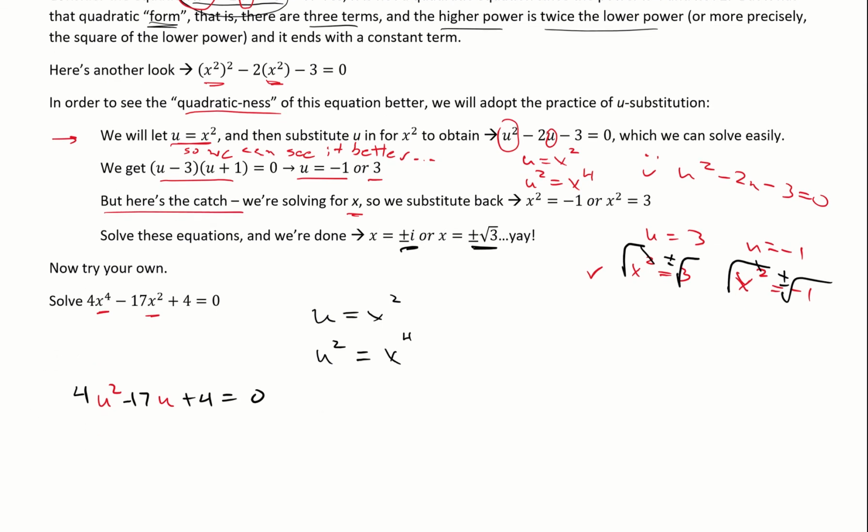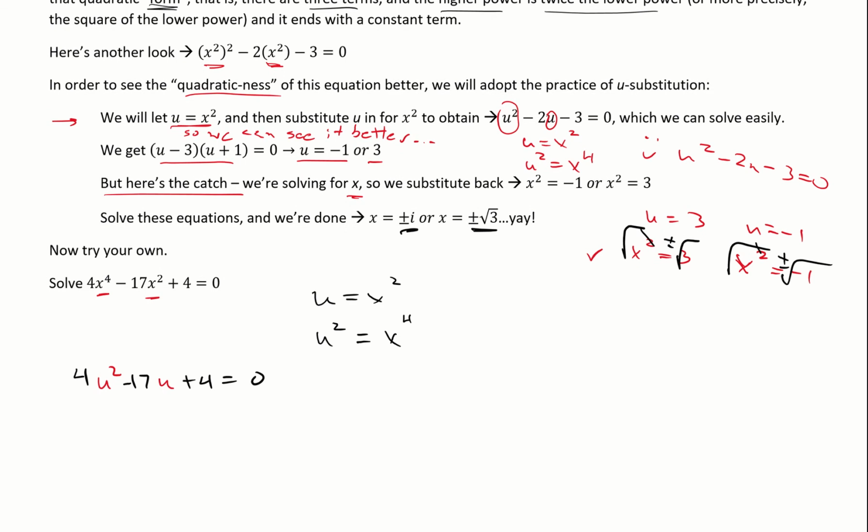And you look at that and you go, oh man, I know how to factor that. Of course, this is spaghetti, isn't it? So we have to go 4 is 1 times 4, 2 times 2. The other 4 is 1 times 4 and 2 times 2. But what I notice is that the 17 is negative, so maybe these guys need to be both negative. Now, which one works so that we get a negative 17? Let's take a look. I think I see it. I mean, you have to use the big numbers to get to 17.